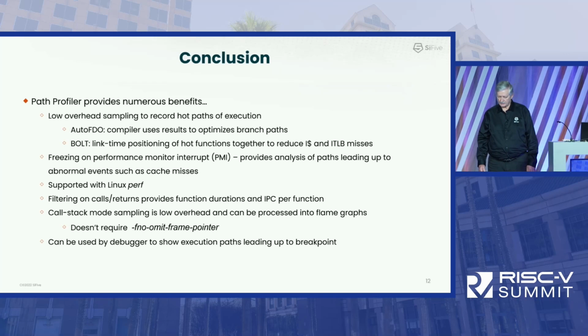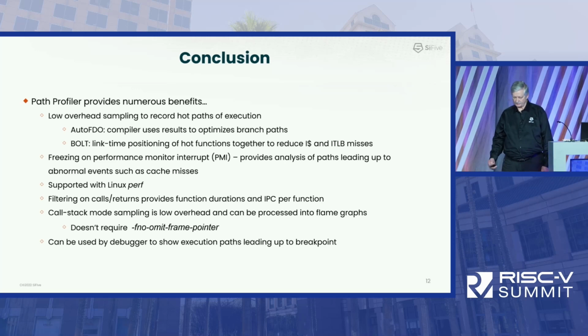So in conclusion, PathProfiler has a number of benefits. The key one is low-overhead sampling versus a traditional trace. AutoFDO uses this capability in server areas with x86 to optimize branch paths.